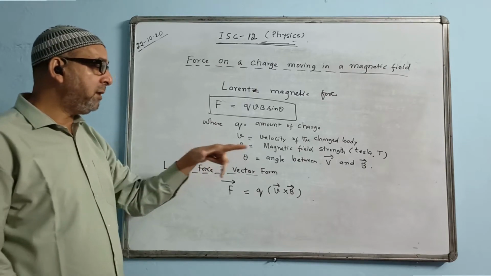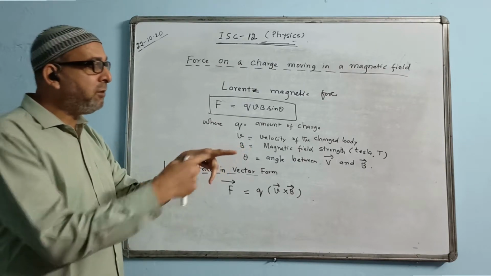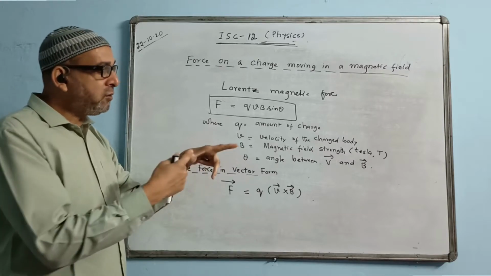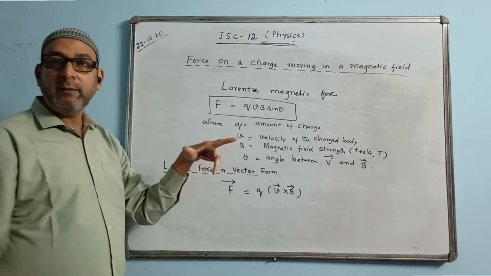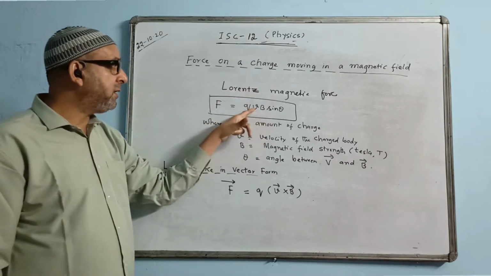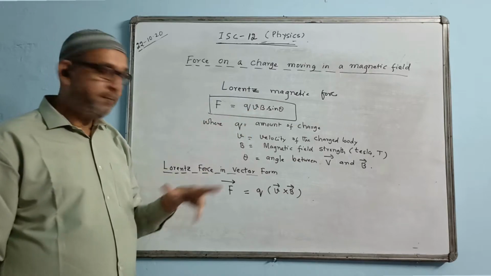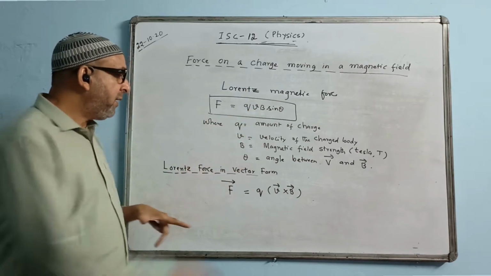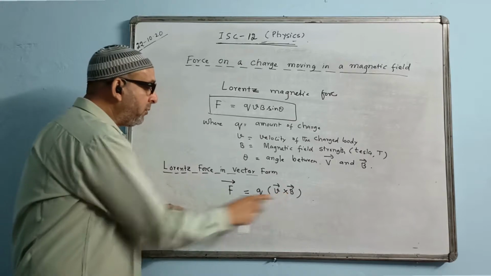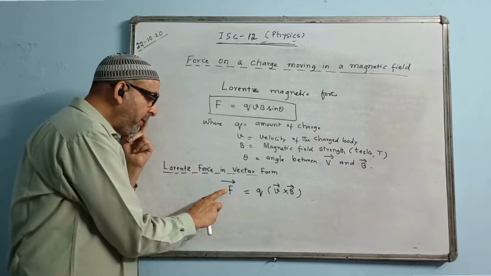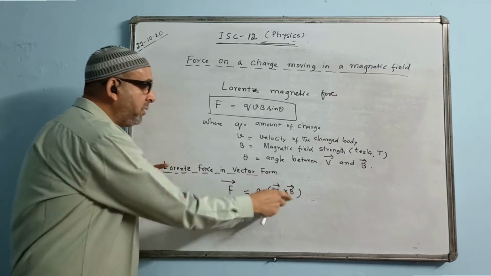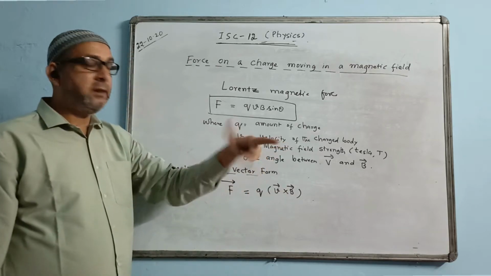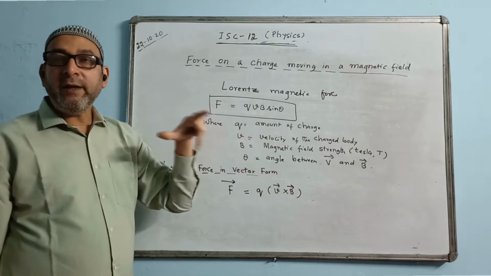So this is the method we follow. This force is perpendicular to magnetic field and also perpendicular to the current. In that case you can take the direction of velocity. So that is why a cross product. In a cross product, the answer will be perpendicular to both of them. So that's what is given by Fleming's left hand rule.